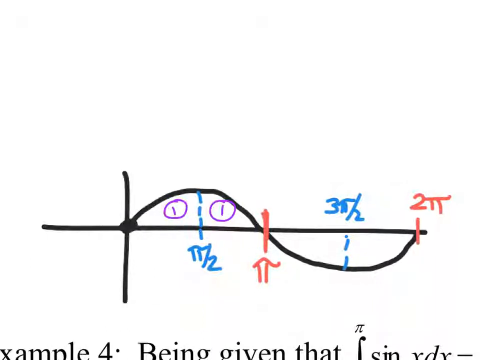The idea being that we know that there's symmetry in a sine function. Now it looks like we have some point symmetry here through pi comma 0. What's this subinterval's value going to be from pi to 3 pi over 2? Well, it's below the x-axis. -1.